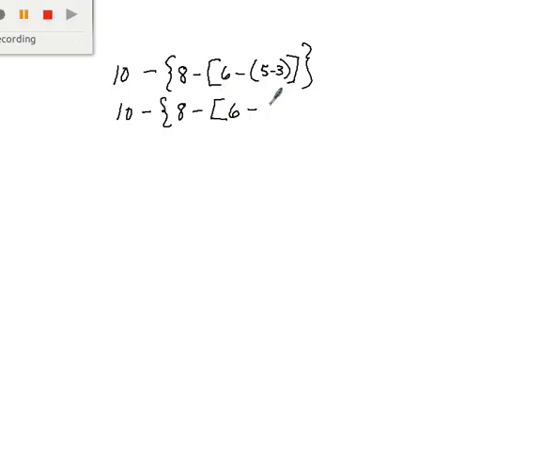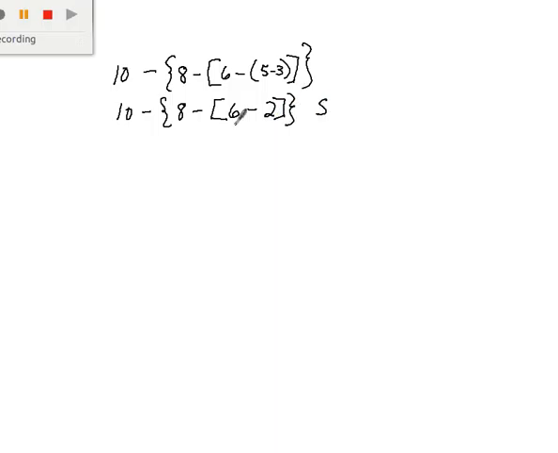If you have more than one brace, parenthesis, or bracket, you need to work from the inside out. So if you have 10 minus {8 minus [6 minus (5 minus 3)]}, you do parentheses, then brackets, then braces. So you would have 10 minus {8 minus [6 minus 2]}.